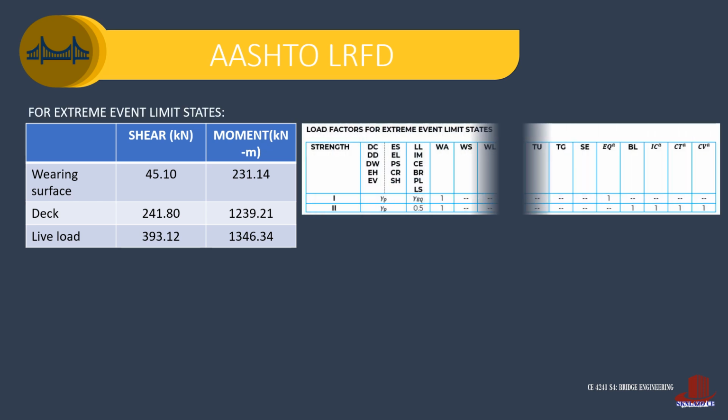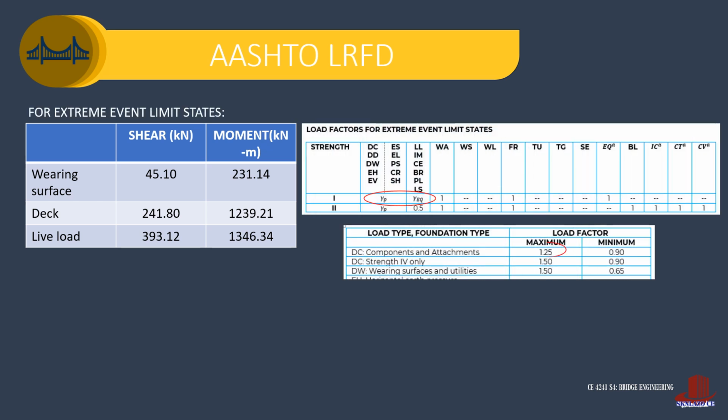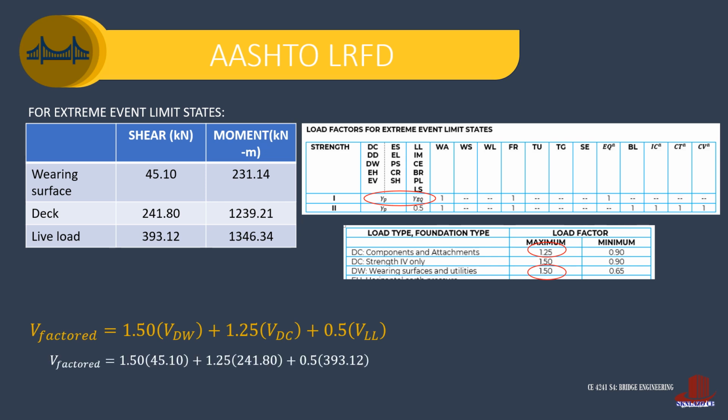The last limit state is for extreme events, where gamma P is used for the dead loads, but gamma EQ is for live load. Gamma EQ ranges from 0 to 0.5, so to be conservative, we use the factor of 0.5. Thus, the factored shear for extreme event limit state is 1.5 of 45.1 plus 1.25 of 241.8 and 0.5 of 393.12.